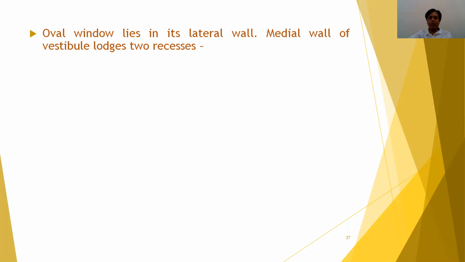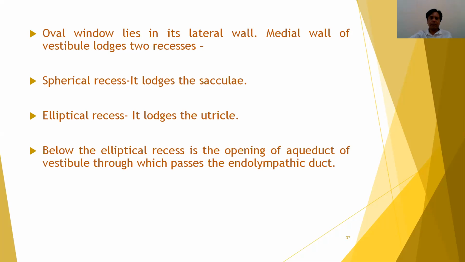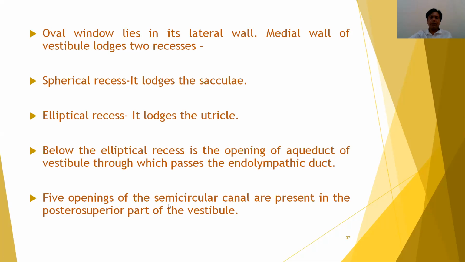Middle wall of vestibule lodges two recesses: spherical recess, which lodges the saccule, and elliptical recess, which lodges the utricle. Below the elliptical recess is the opening of aqueduct of vestibule, through which passes the endolymphatic duct. Five openings of semicircular canals are present in the posterior part of the vestibule.